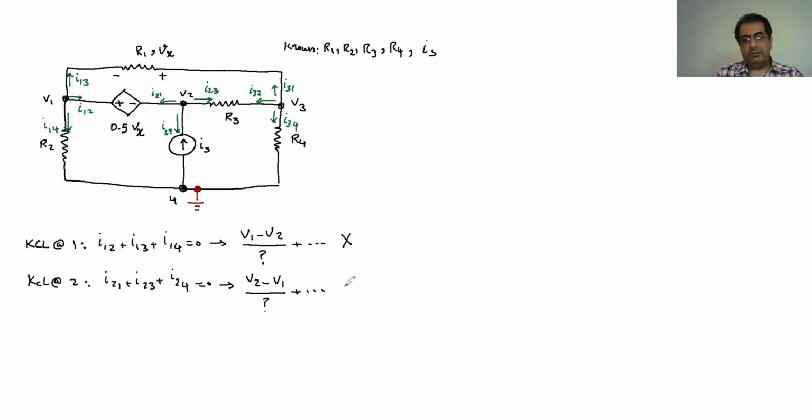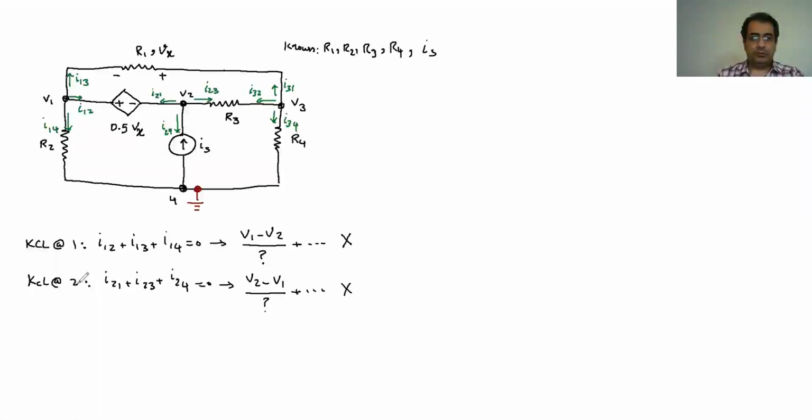Again, it's not going to give me anything helpful because I don't know that term. So it doesn't matter what about the rest of these two. If I write it down, I'm not going to get anything out of that because I don't know that value in that battery. So I can't write anything at 1, I can't write anything at 2.